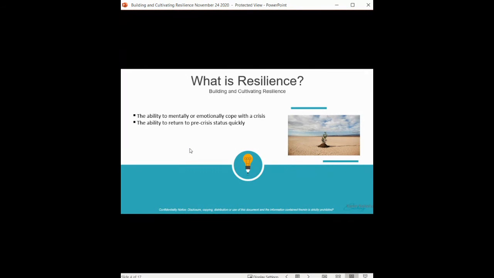A good example of this, and hopefully everyone can see the slides. If you have any problems seeing the slide, just pop it in the chat. A good example of what resilience is is Thomas Edison, who made thousands of prototypes of the bulb, and then he finally created the perfect one. Thomas Edison was awarded more than 1,000 patents to create the bulb, and he failed so many times in doing it. But through his struggles, he didn't give up.